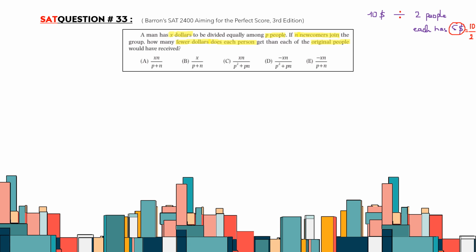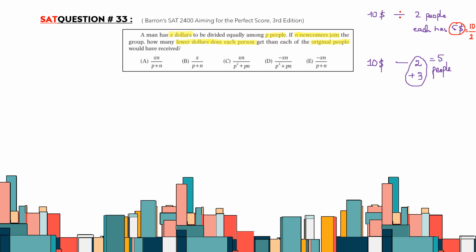All right. Now, if I said 3 more people join, you still have only $10. But now the group is increased. 3 more means you add 3. So 2 plus 3 more people, now the group becomes 5 people.